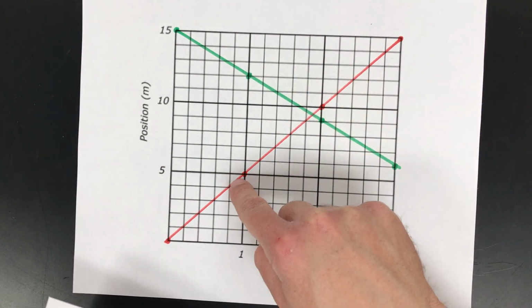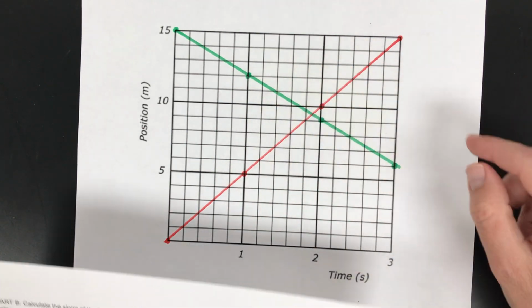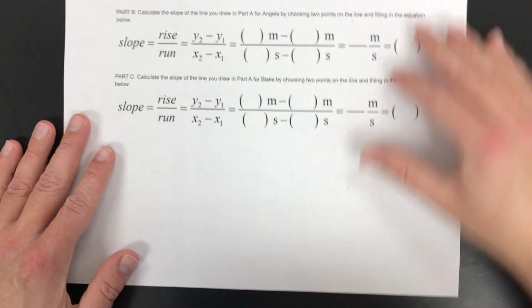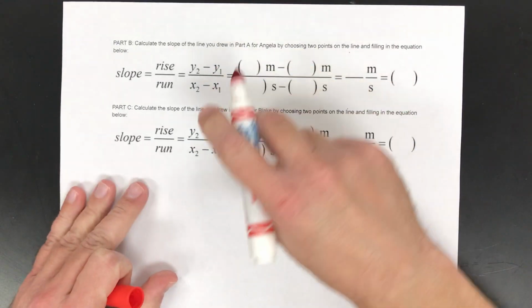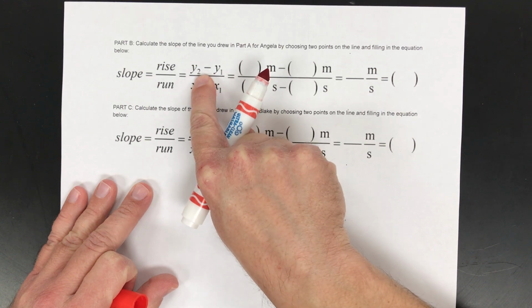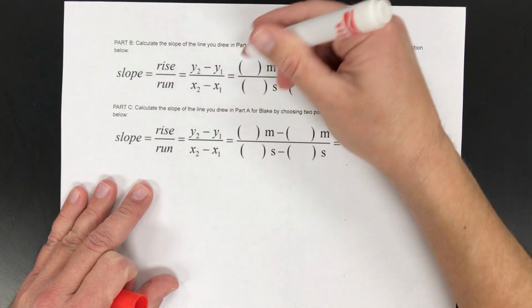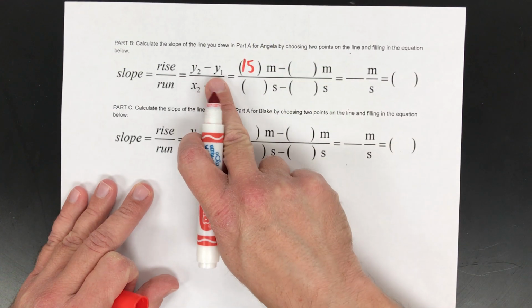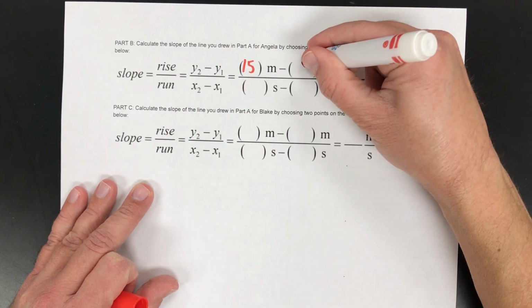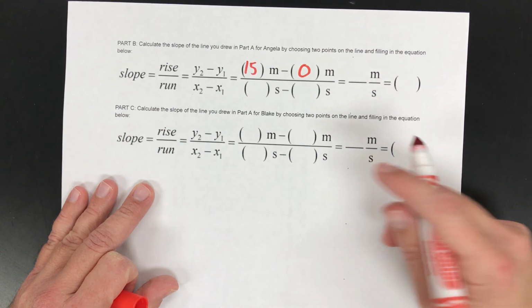Next up, they want us to find the slope of each of these lines here, of both Angela's line and Blake's line. They say pick any 2 points on there. I'm going to pick the first and last points. So this is Angela's final position. So that would be 15 meters minus her initial position, which is 0 meters.